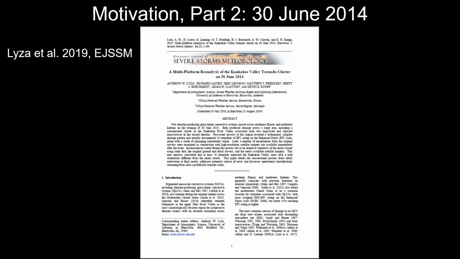To publicize these changes and explain how we came about formulating them, we wrote an article that we submitted in July of 2018 to EJSSM, describing the process and the uncertainties in the process of reanalyzing this damage. After a long and occasionally contentious 13-month review process, the paper got published last August.